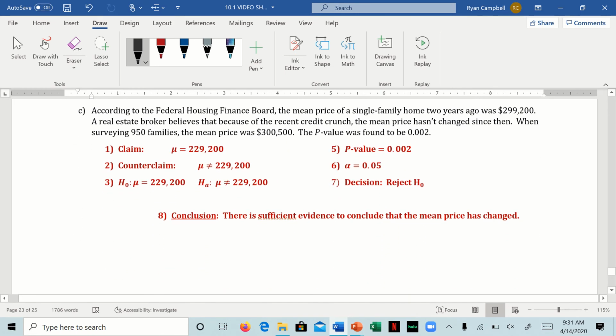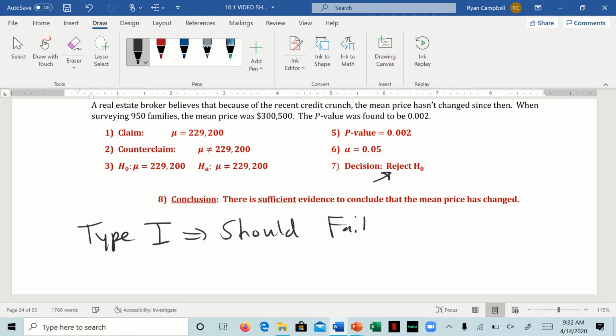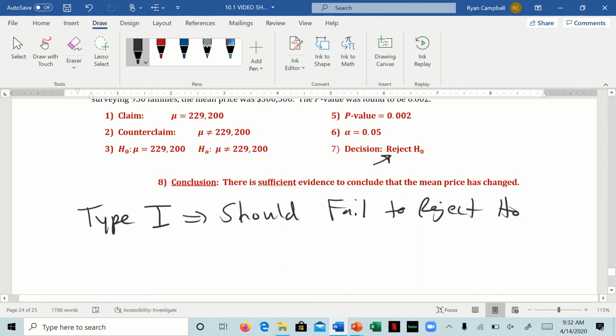Part C. So we rejected, so just like the last time, right? That's the potential for a type 1 error. So we should fail to reject. If we made a mistake, instead of rejecting, we should have failed to reject. Which means that the p-value should be bigger than our alpha.